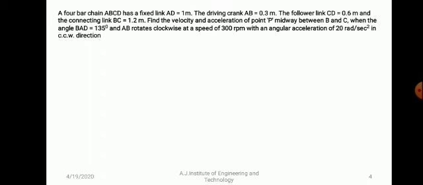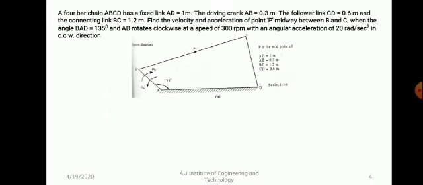Find the velocity and acceleration of a point P midway between B and C when the angle BAD is equal to 135 degree and AB rotates clockwise at a speed of 300 rpm with an angular acceleration of 20 radian per second square in counterclockwise direction.